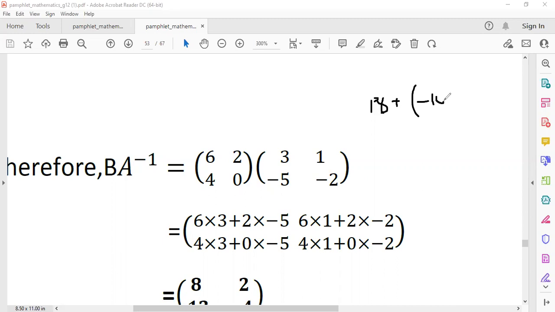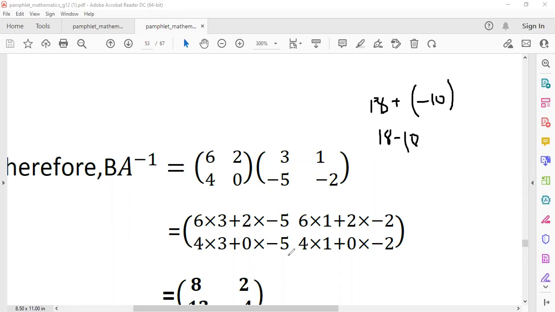So I'm just trying to show you so that you can see what happened. So positive, negative, it's a negative. That means it's 18 minus 10, which is equal to 8. That's the 8 that we have there.